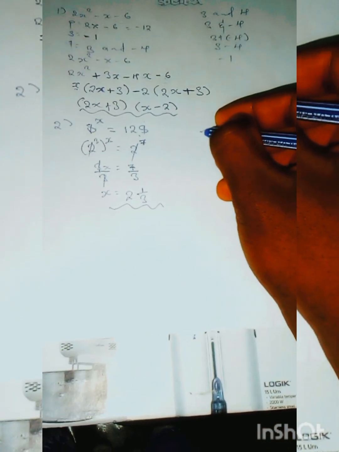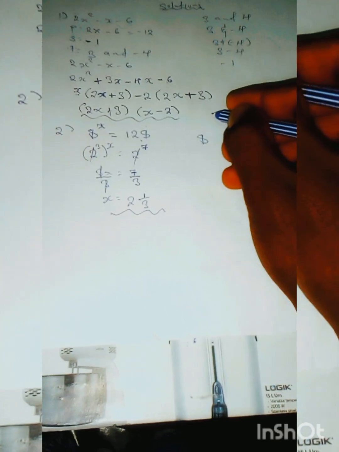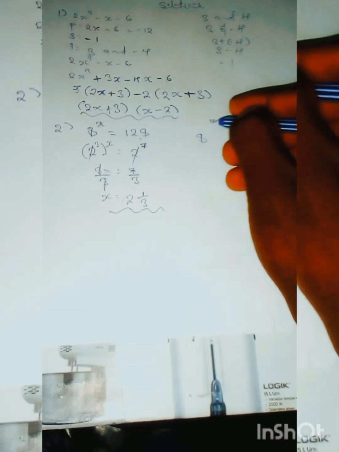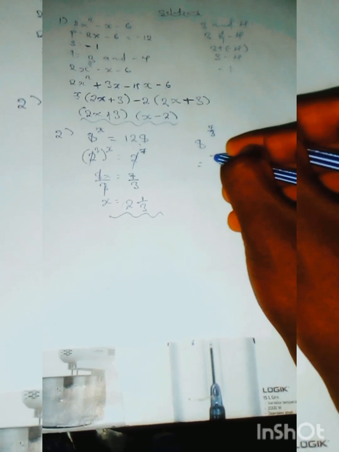If you want to confirm, what you will do is h, then on x, we shall put, instead of putting this, we shall put this one, 7 over 3, like this. So it will be, this over represents what? It represents a square root.